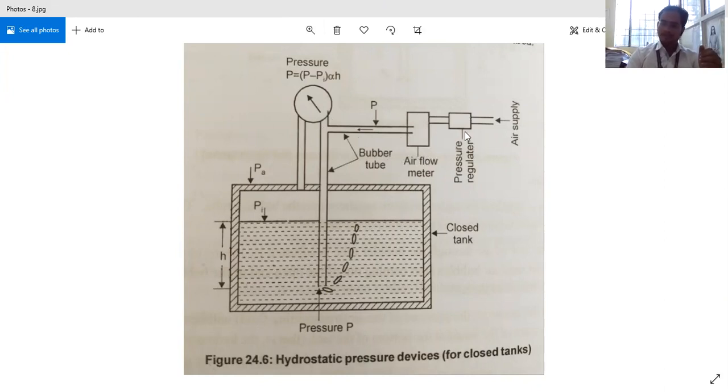For that we need to send highly pressurized air, through a pressure regulator. The source can be a compressor here, and an airflow meter shows how much air is entering.